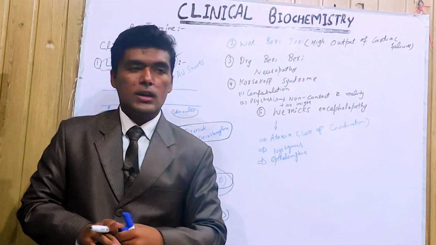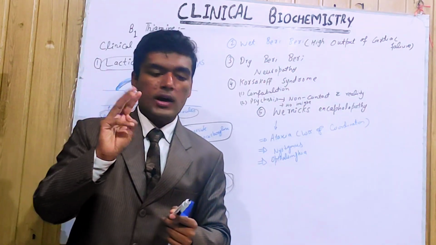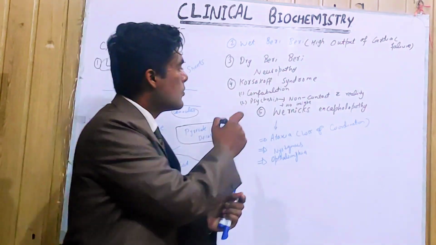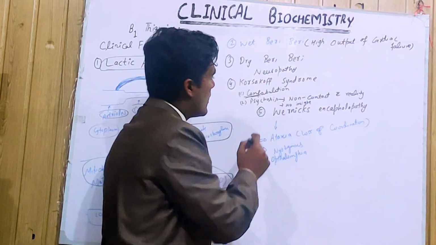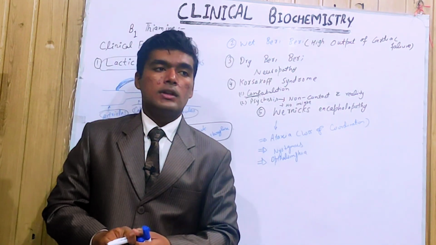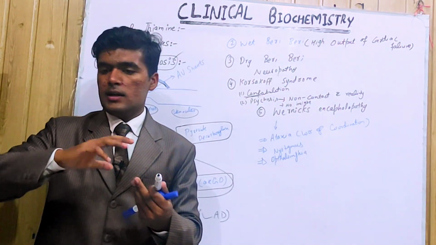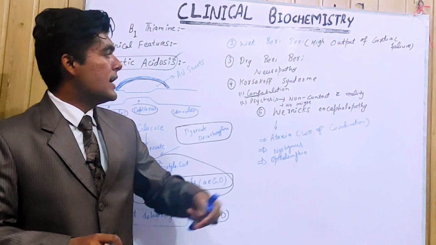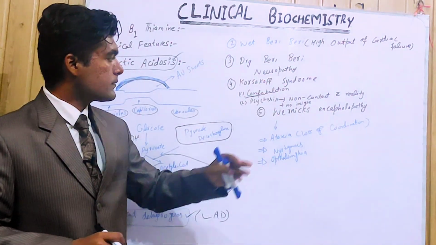Korsakoff syndrome is divided in two parts, Kors and Sakov. Kors from confabulation. Confabulation, we often see in a person who drinks alcohol, that he misguides his condition. He used to tell lies. So that condition is confabulation.